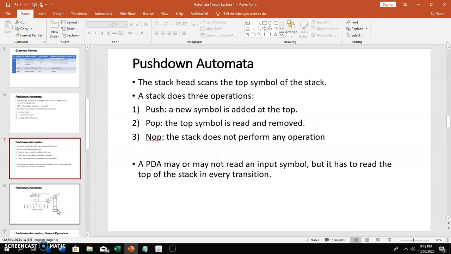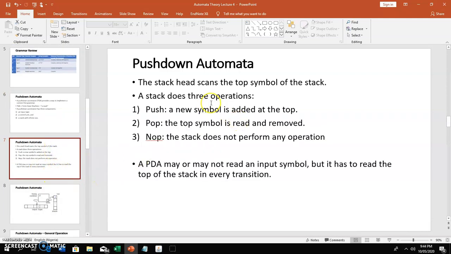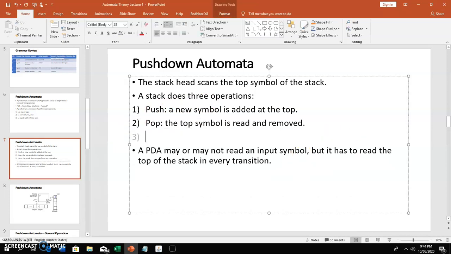Now, diagrammatically, let's look at it. Okay, I've not got to the diagram yet. Now, the stack performs three operations. First is the push, second is the pop, the third is in. But actually, I'm going to take out this third operation because for your level you don't need it. Let's work with the push and the pop operations, which are, of course, in a stack.